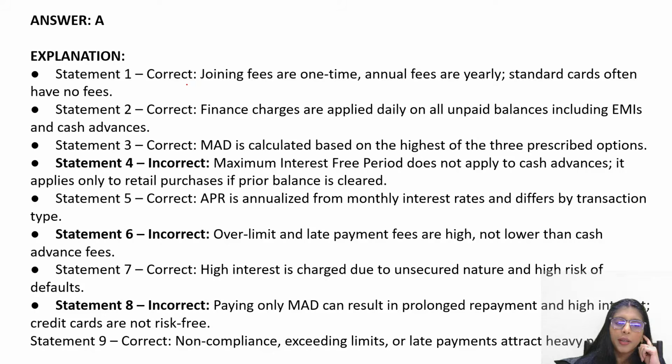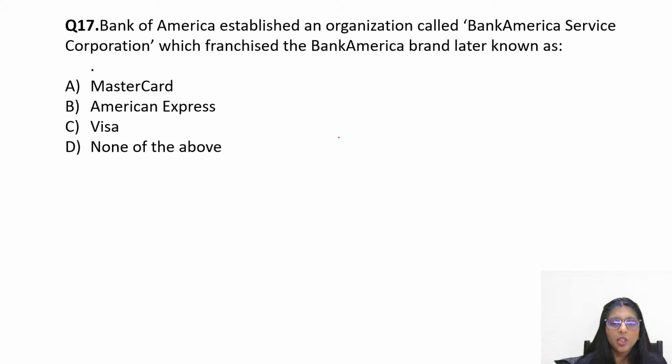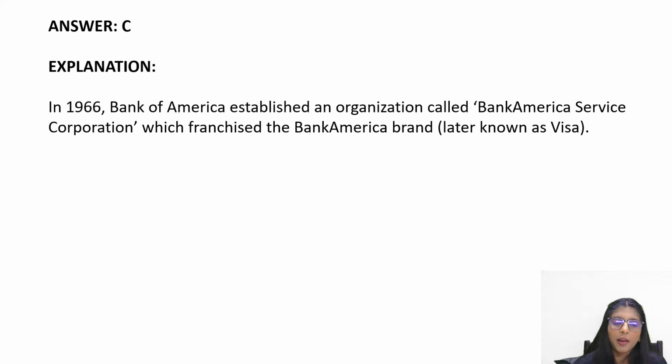Next question. Bank of America established an organization called Bank America Service Corporation, which franchised the Bank America brand, later known as MasterCard, American Express, Visa, or none of the above. Later known as Visa. Option C is the right answer.